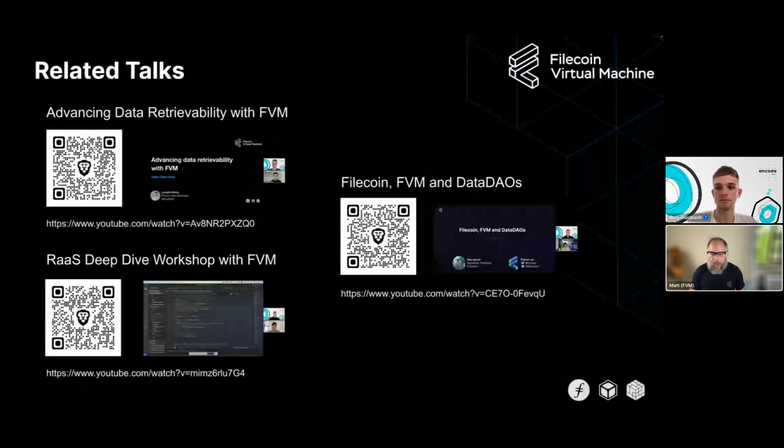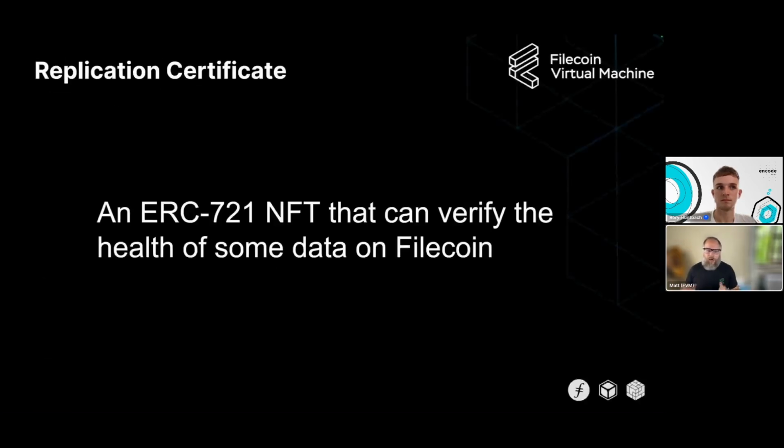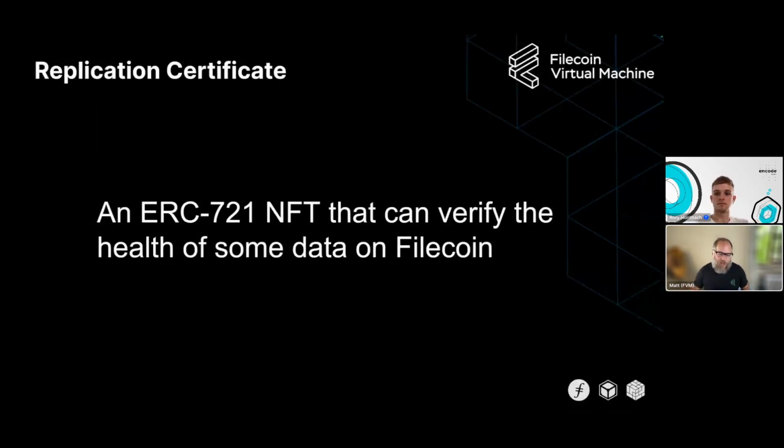So what I'm actually talking about here, I've created a thing called a replication certificate. So what is a replication certificate? It is an ERC 721 NFT that can verify the health of some data on Filecoin.